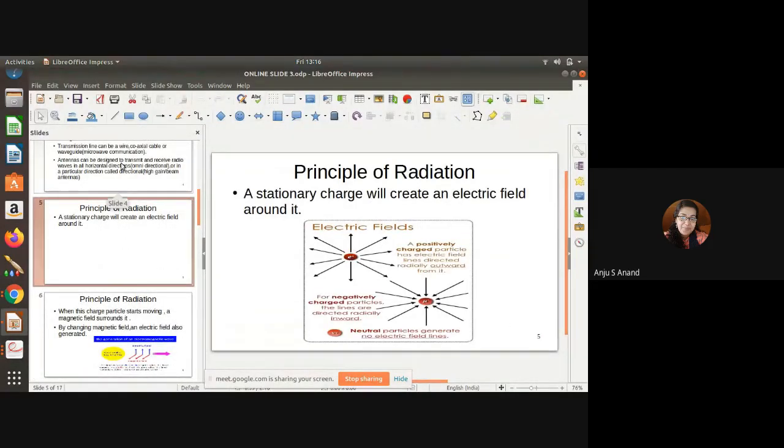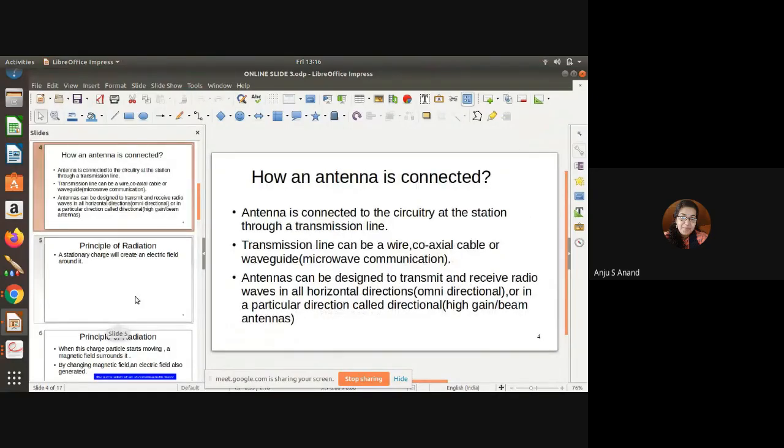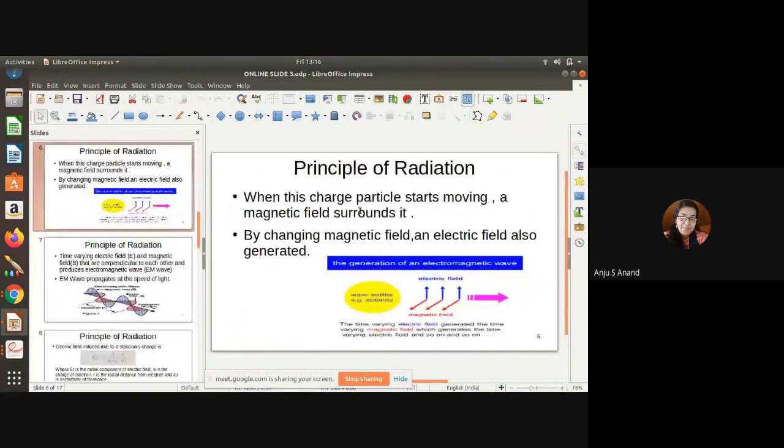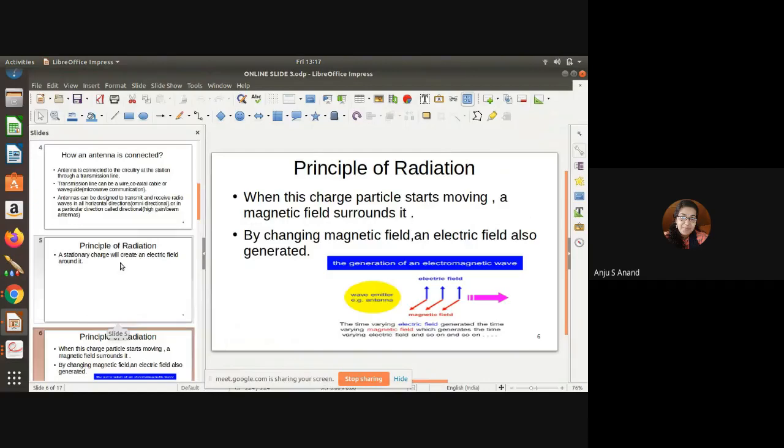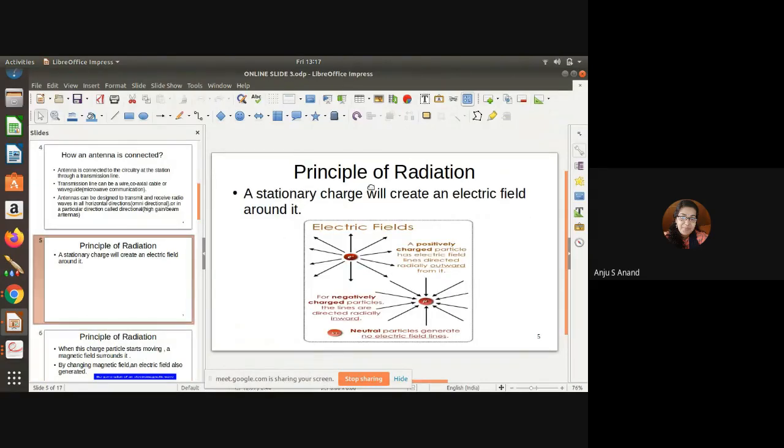So, how the antenna radiates: when a charged particle starts moving, a magnetic field surrounds it. Before that, a stationary charge creates an electric field around it.